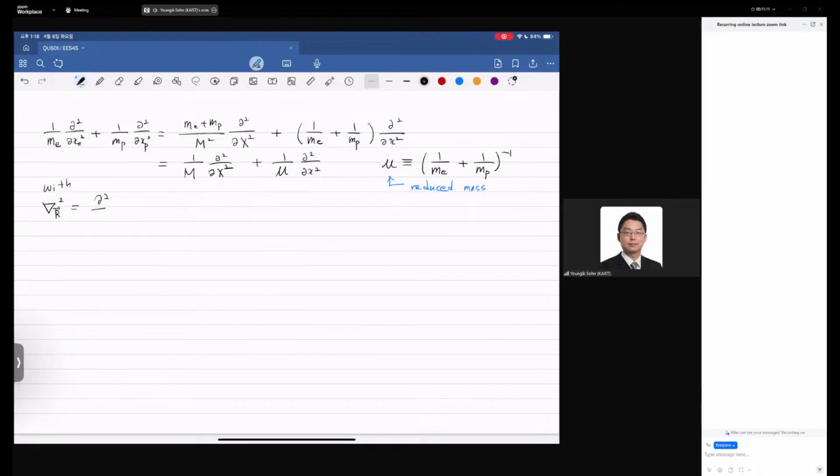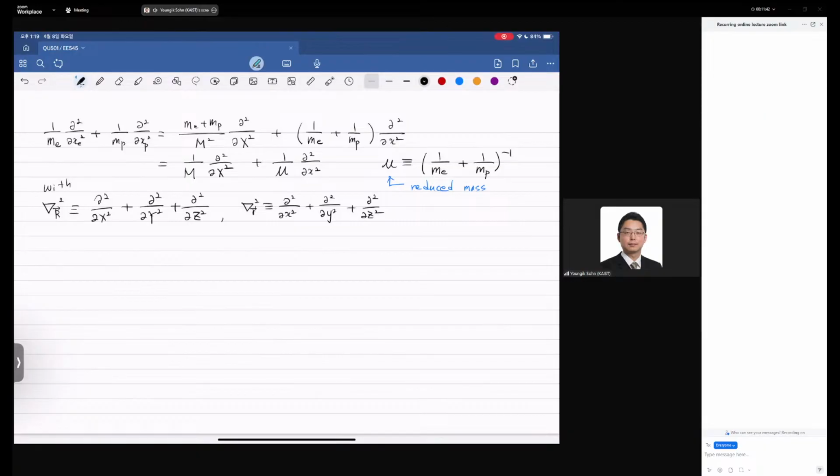So the center of mass operator, and then the relative position operator, they're defined as, it's all a tedious mess, but it leads to an analytic solution. That's why we're doing this.